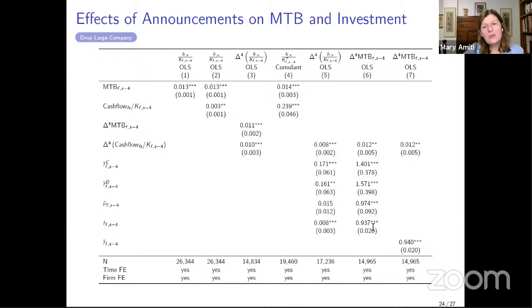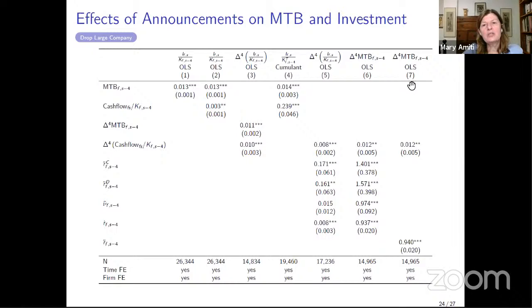And as you see, we can't really reject that they're the same and that they're all around 1. They don't need to be, because they could have different effects on the valuation. The market to book value has a numerator and a denominator, so you have the share price changes, but you could also have this feedback effect that people were talking about, that you could affect the valuation of the firm.